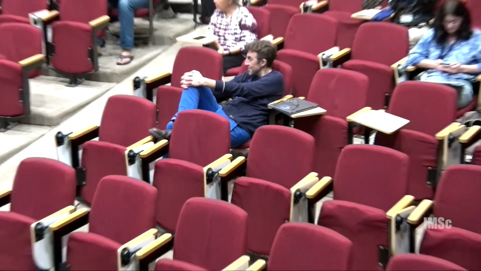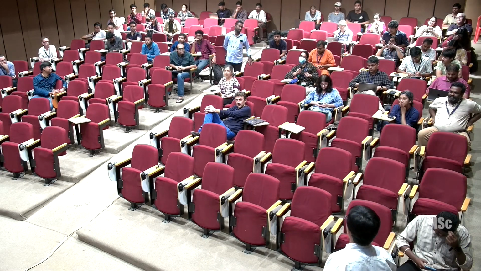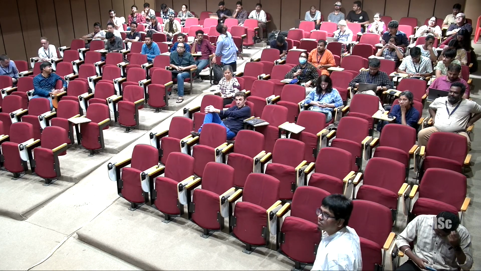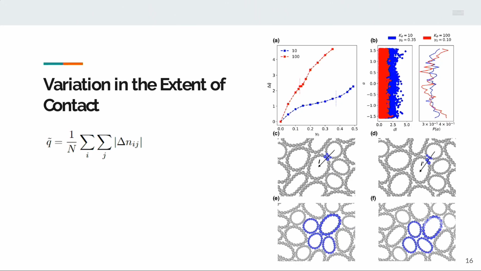So I wanted to ask about the Q tilde that you showed at the last. I was wondering if that gives some information about the average number of neighbors it has. Does it provide any information about that? Even the average number of neighboring rings?